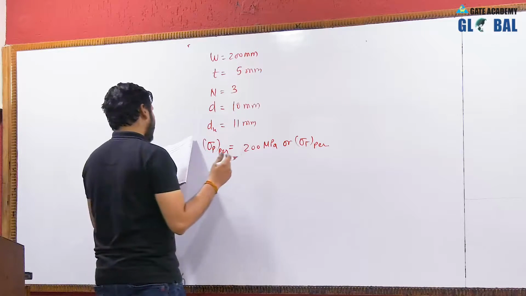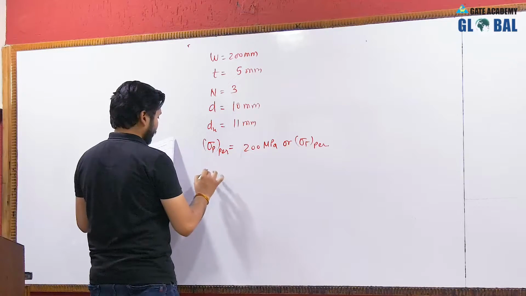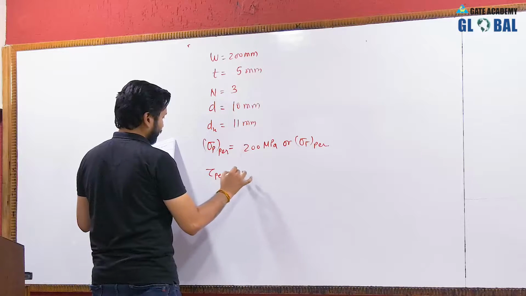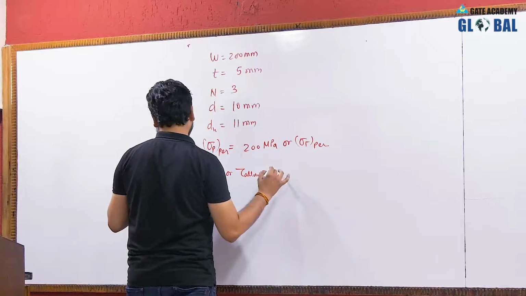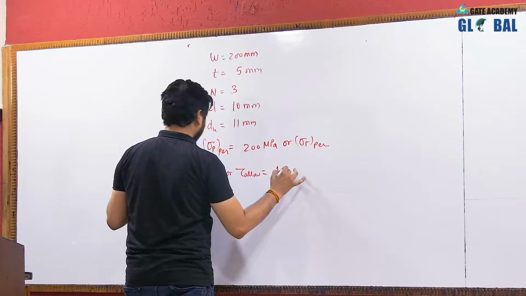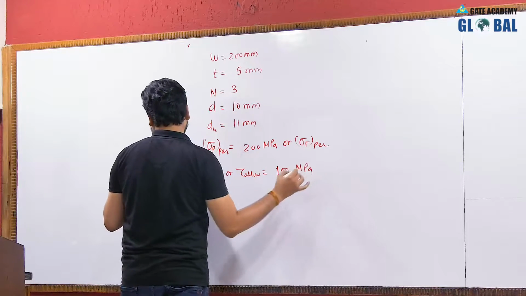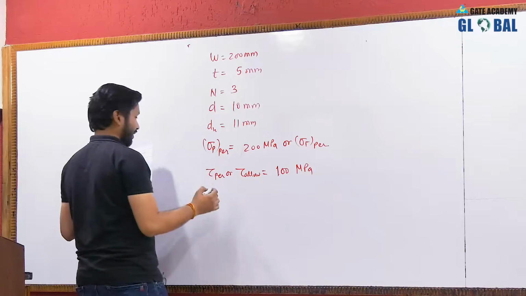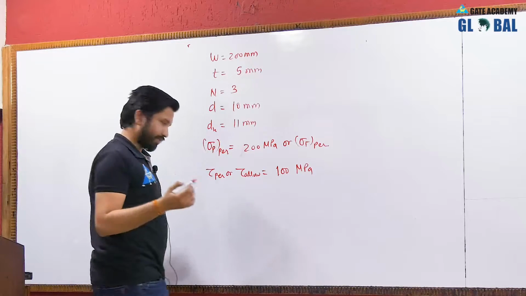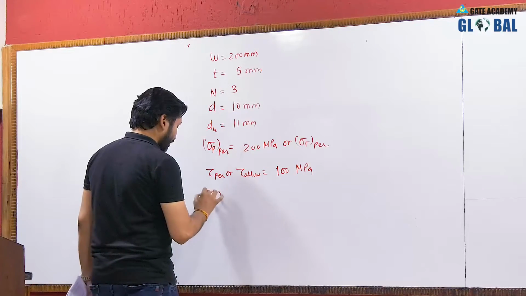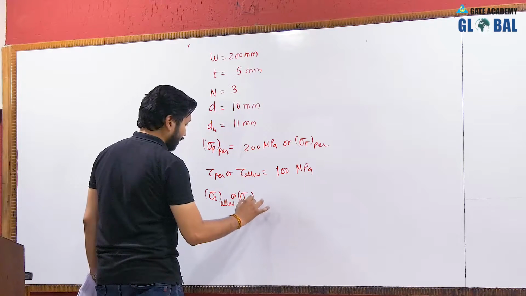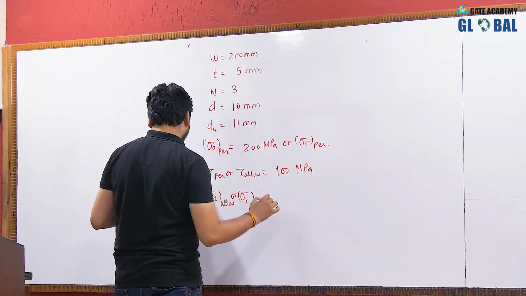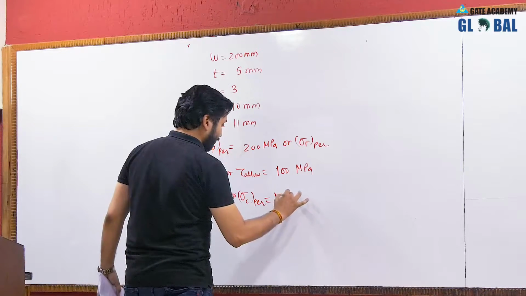Now the allowable shear stress, that is tau permissible, or you can also write it tau allowable, is equal to 100 megapascal, and the allowable bearing stress, that is nothing but the crushing stress, sigma C allowable, or you can write sigma C permissible, is equal to 150 megapascal.